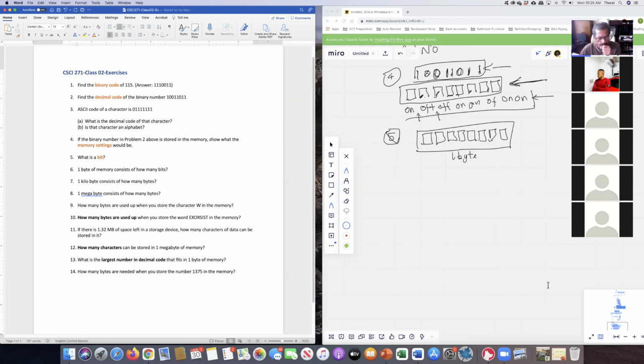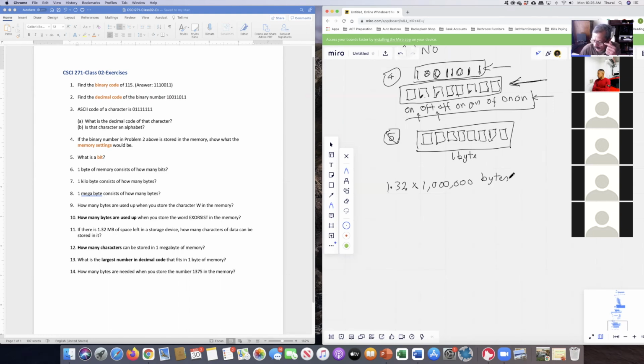All right, let me explain. If you have 1.32 megabyte, then you have to convert it to bytes, because every byte is good for storing 1 character. Well, we know that 1 megabyte is 1 million bytes. So 1.32 megabyte is 1.32 times 1 million bytes.